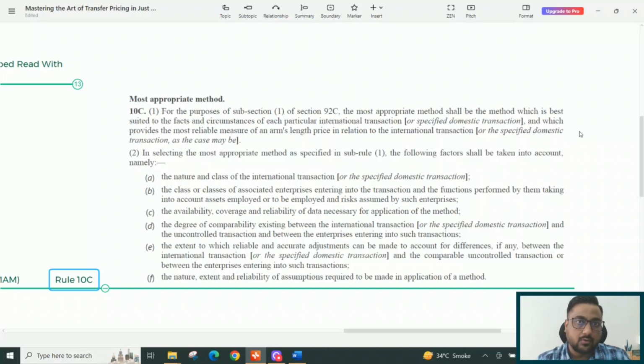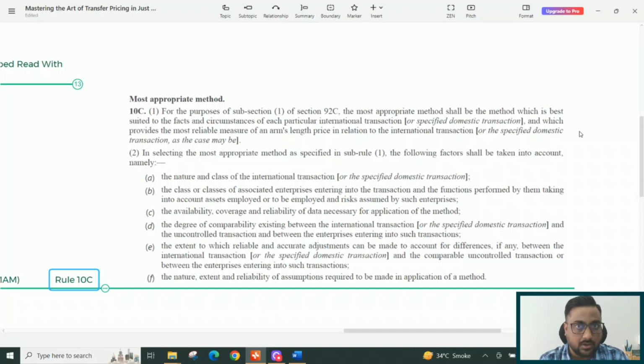All right, there will be some situations where you'll be confused on which method to be applied. That is when you need to determine which method will give you more reliable and more practical results, right? Then the fifth factor, the extent to which reliable and accurate adjustments can be made to account for differences. Now, if there is a CUP and TNMM, but you are not able to make adjustments under the CUP method on the uncontrolled prices, then you may go ahead with TNMM and make such adjustments.